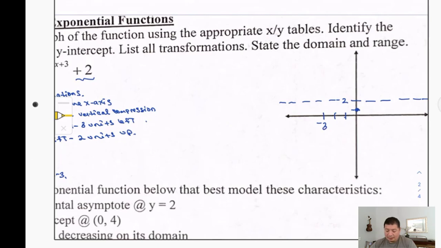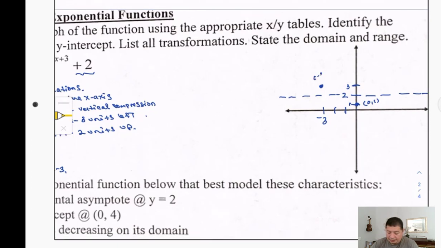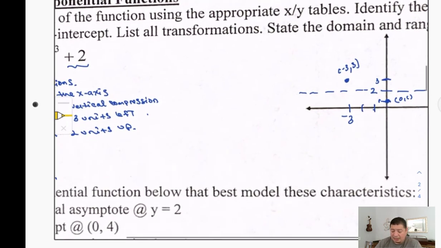So if you think about it, here you're at 1. If you shift this point 2 units up, now you're going to be at 3, right? So that point ended up going from 0, 1 to -3, 3. But it's not really going to matter because we're going to have to solve for the y-intercept a little later.